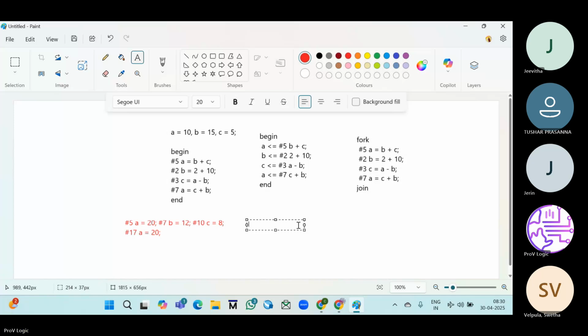Sorry, yeah, it should execute sequentially.